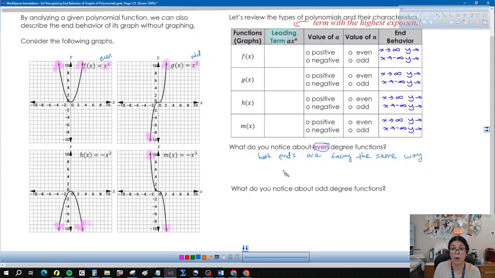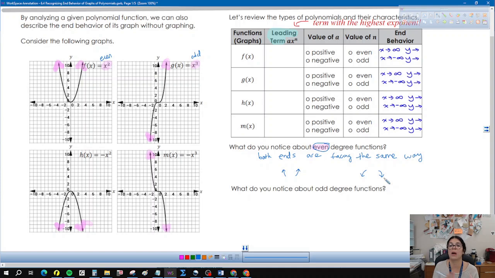So both are up, like the left side up, the right side also up. The middle could be different because quadratic, yes, it's a power 2, so the middle is a nice parabola. But when the power is higher than 2, which we're going to see in this unit, the middle could be a little bit wonky and weird and squiggly. But the ends, we're talking about the ends in this lesson, are going to be facing the same way, either both up or both down.